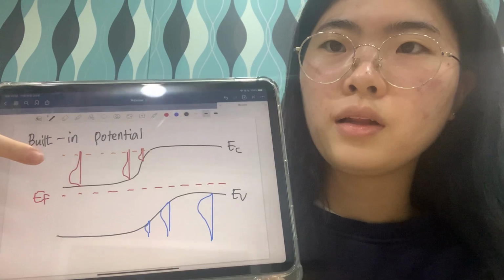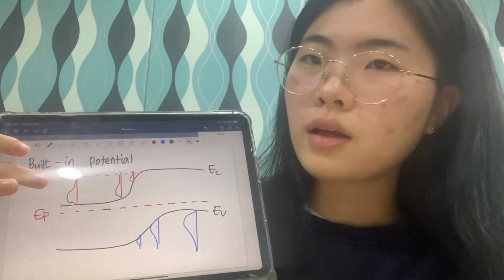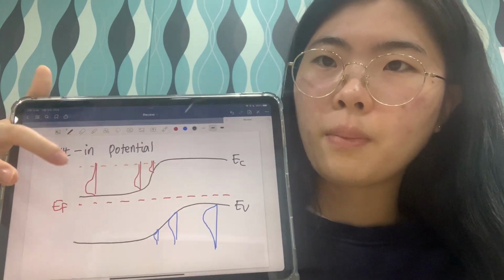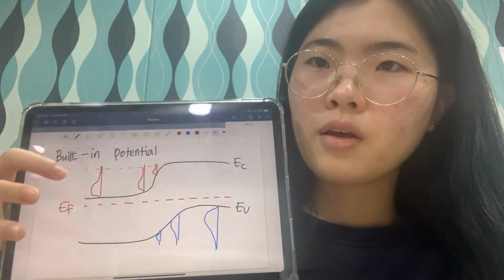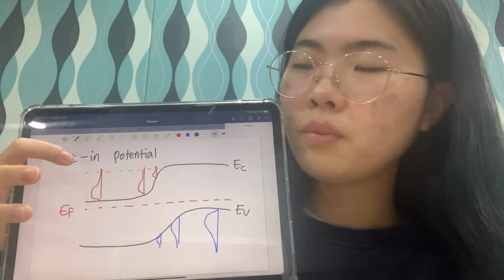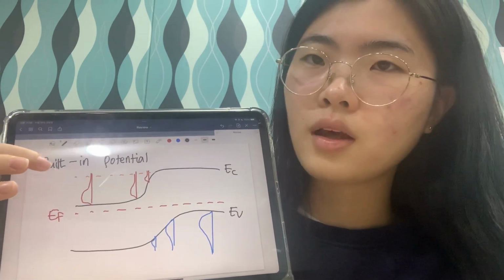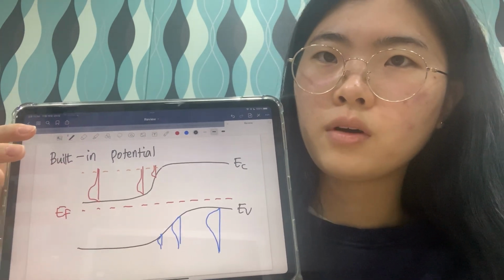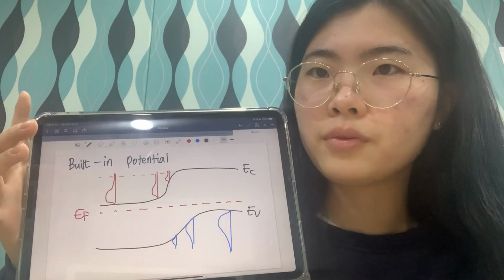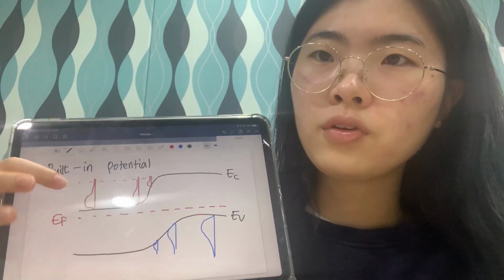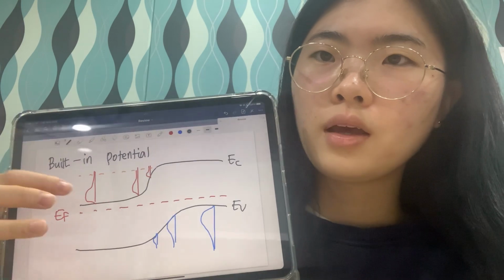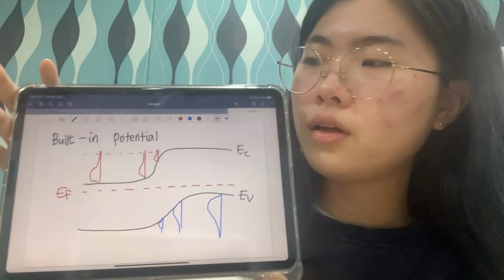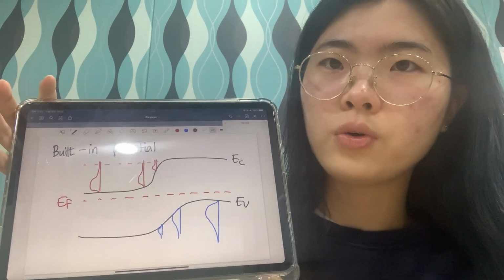In this part, an electron cannot jump up this barrier because there is a built-in potential here. It doesn't have enough energy to jump up. So the electron concentration will look like this, and it gets smaller as it goes to the right side.